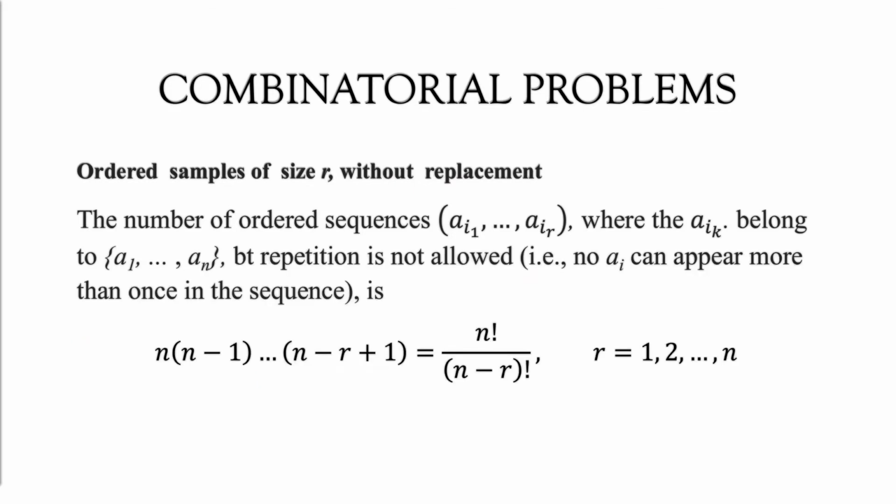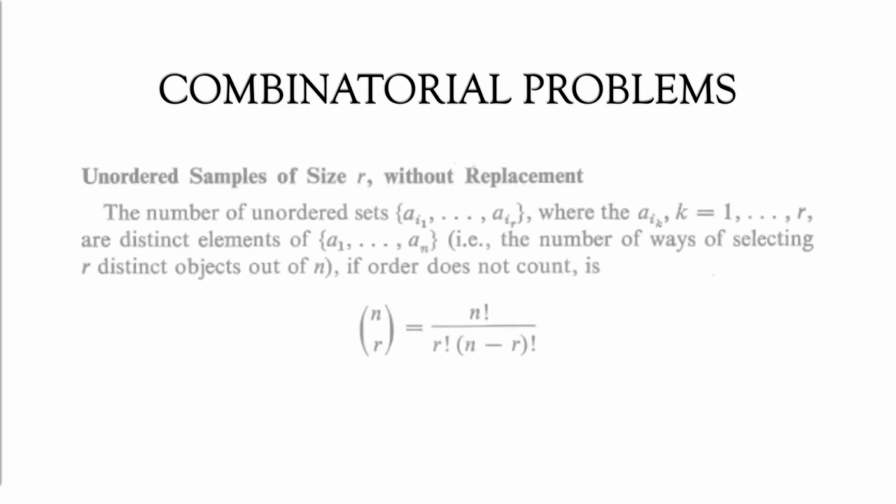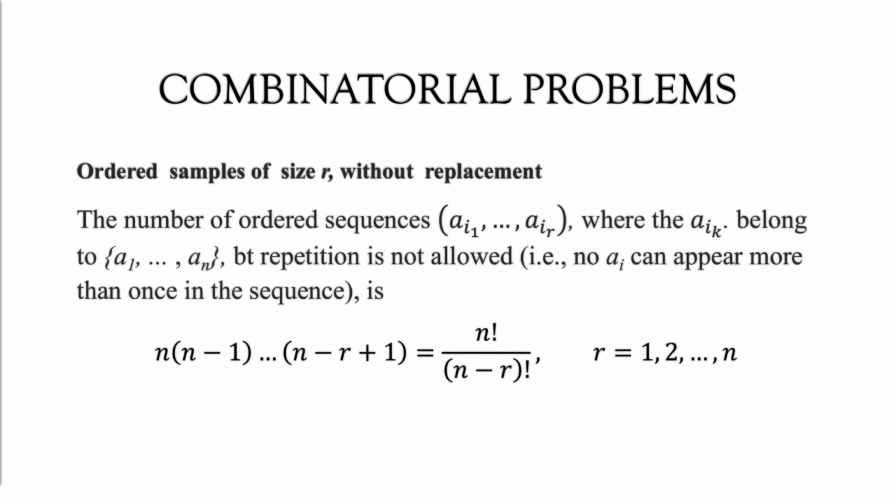Next. Now consider the number of ordered sequences a sub i sub 1 up to a sub i sub r, where a sub i sub k belongs to the set a sub 1 up to a sub n, but repetition is not allowed, so no a sub i can appear more than once in the sequence.